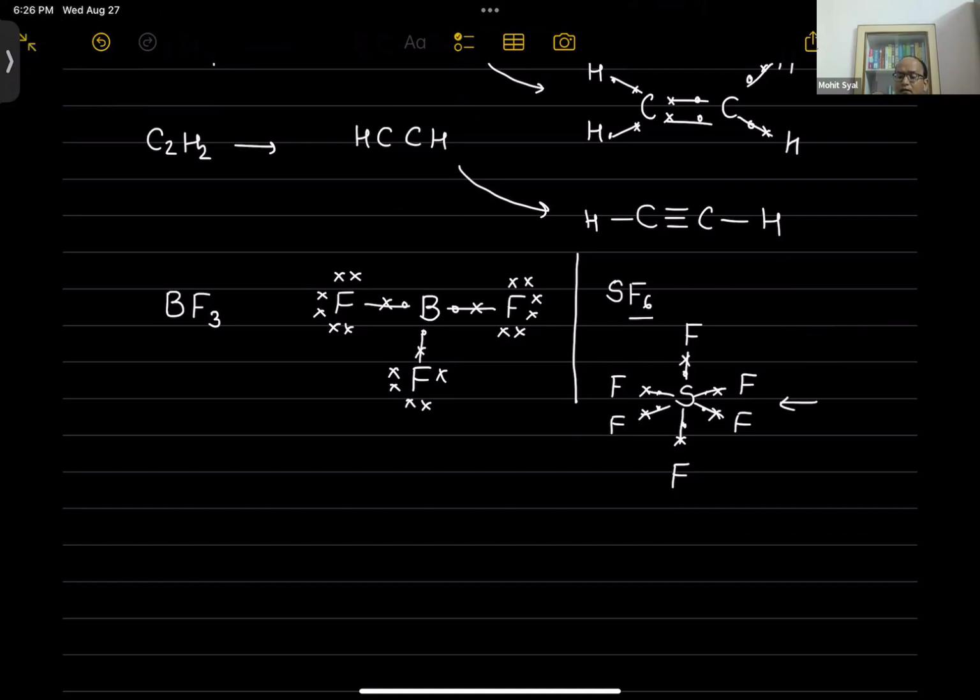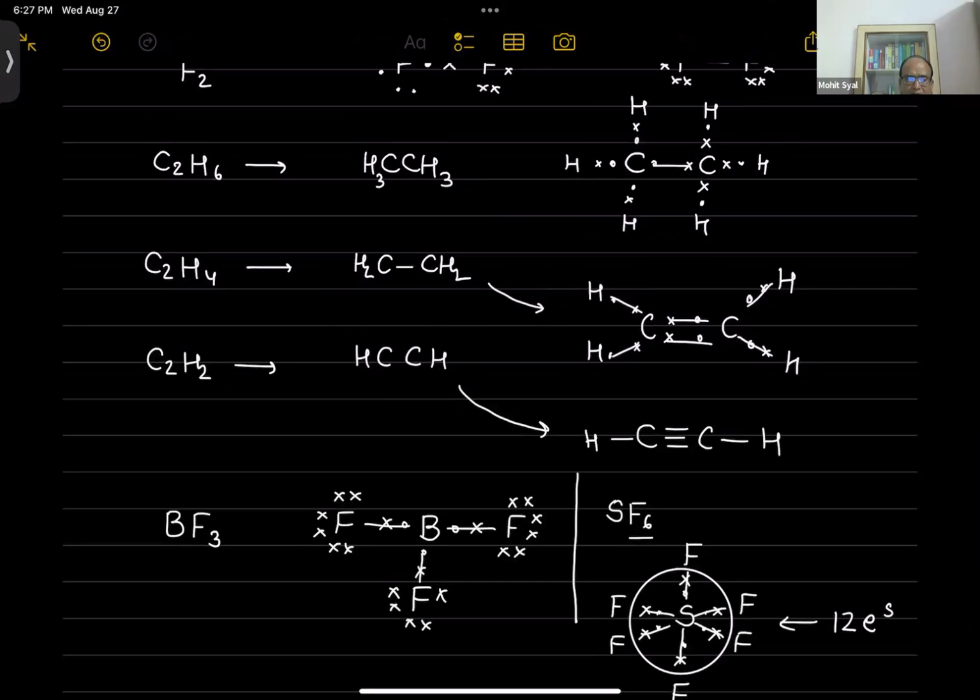Total, 22 electrons? No, total sulfur is having how many electrons? 12. Got it? So the octet rule is violated in this. Is it clear?